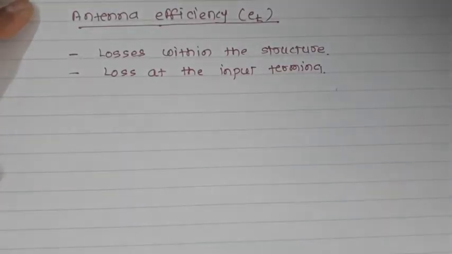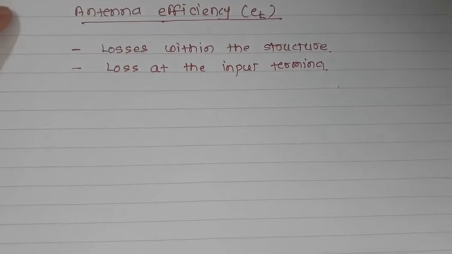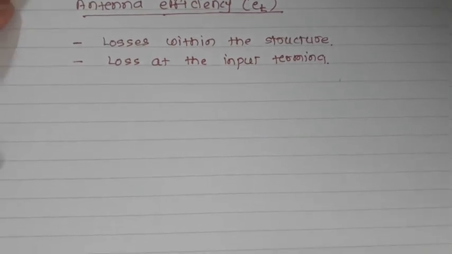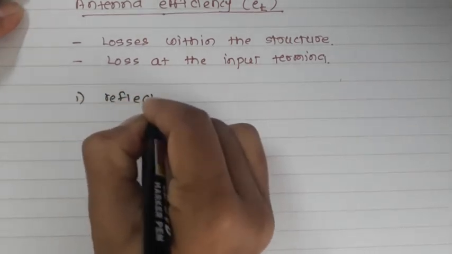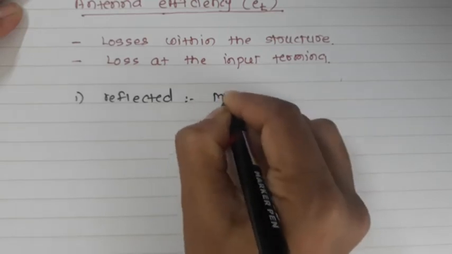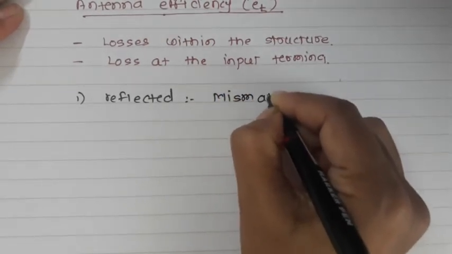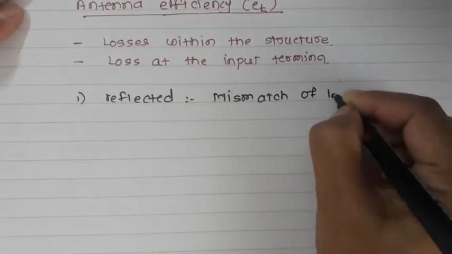This loss is due to the reflection at the input, or due to the mismatch between the transmission line and the antenna impedance. Thus when some power is supplied to the antenna, part of that power will be reflected. This reflection is the mismatch of impedances.